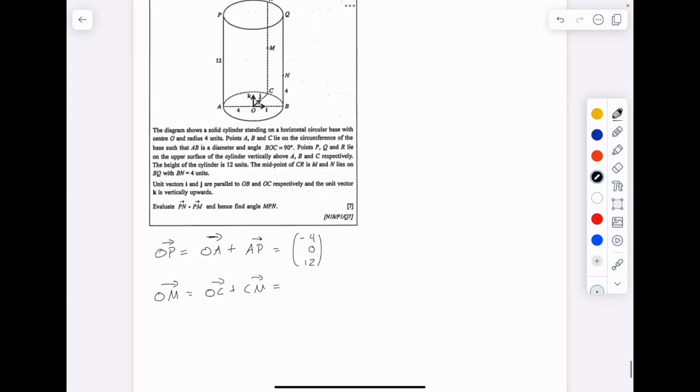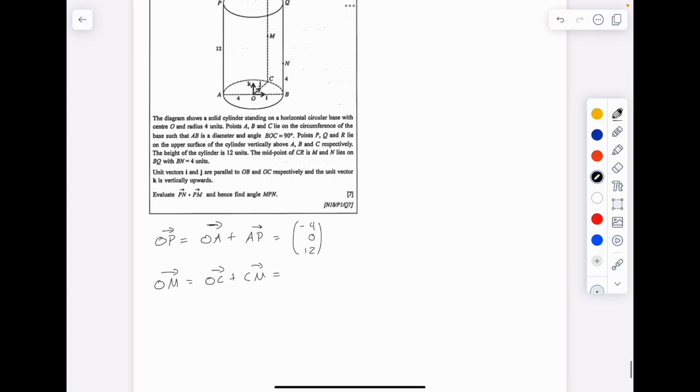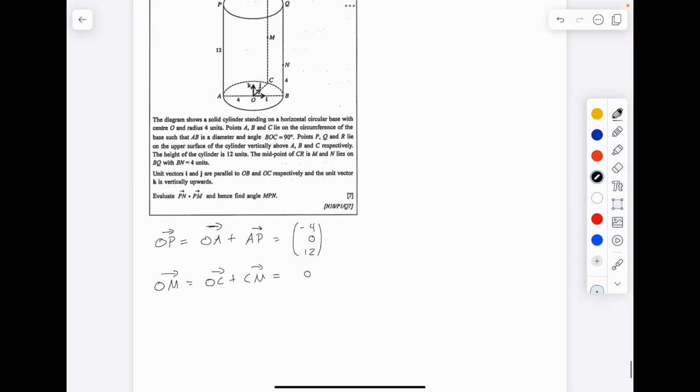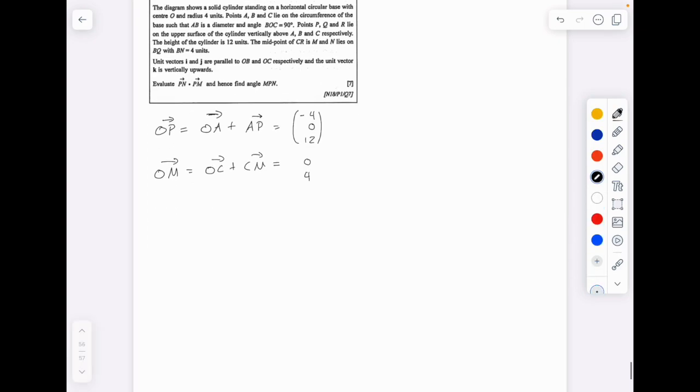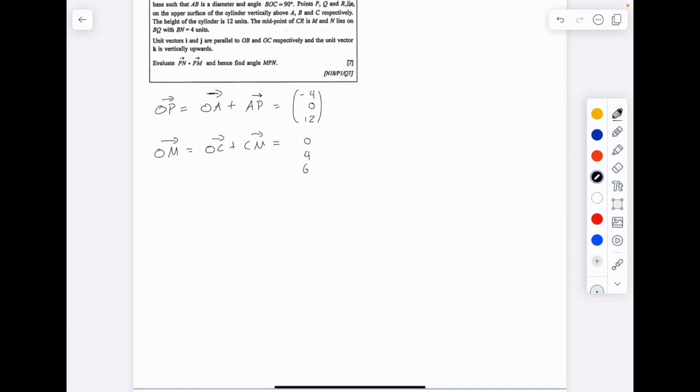Which gives you what? Well, we go 0 in the i direction, but we go 4 in the j direction. And since M is the halfway point of this line, and this line is the same thing as this, we can say that we go up 6 in the k direction. Okay, cool.